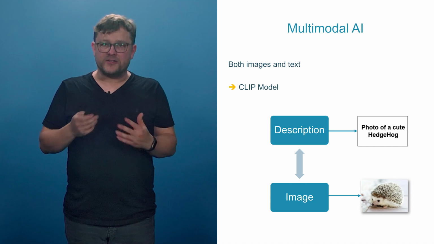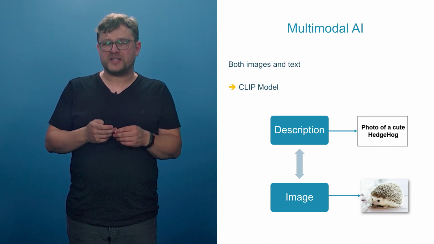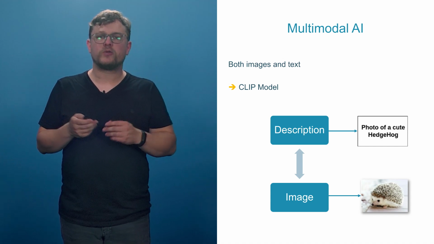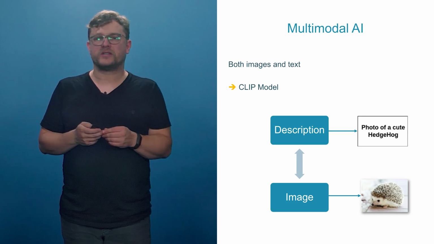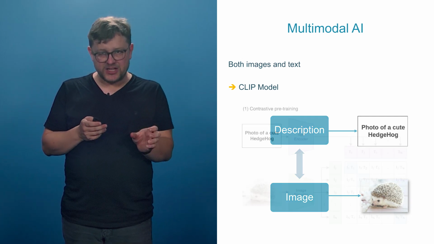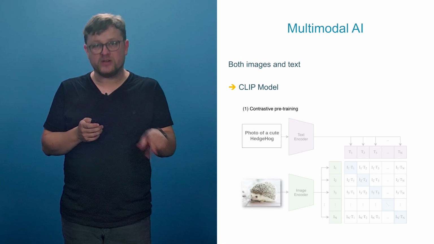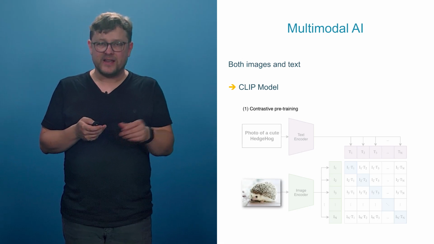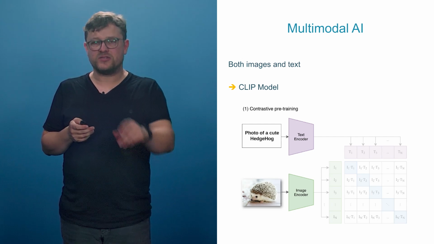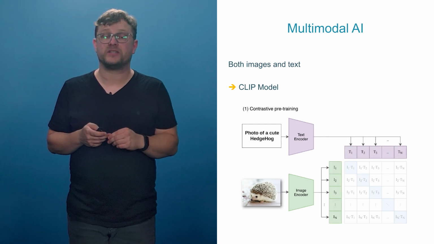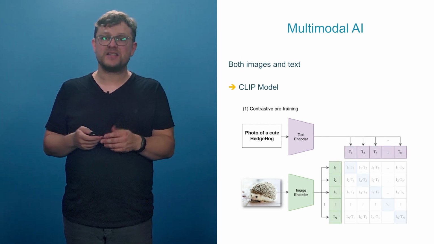So internally, what the model does is it creates a numerical representation of what you input, whether it's text or an image. So if you give it the text hedgehog or an image of a hedgehog, in fact, the model will turn these two bits of information into the same numerical representation. So it thinks these things are the same.